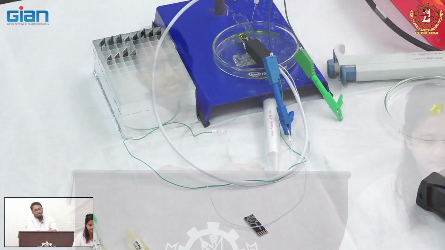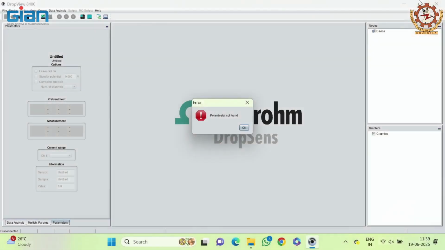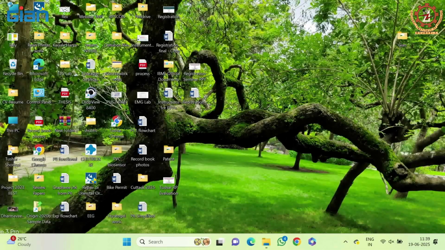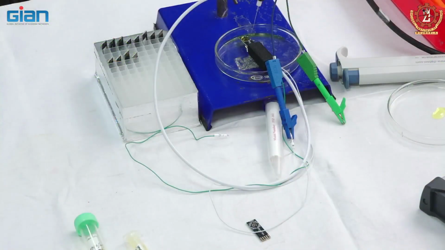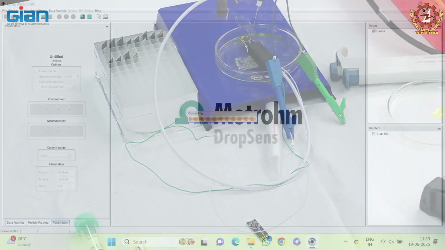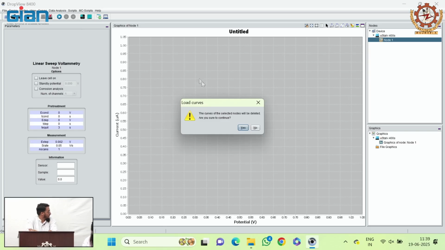So, on the screen now you see that we are trying to connect to the potentiostat. We will try again. So, now the potentiostat is connected to the software. Now we will be setting the CV parameters. So, please pay attention to the screen.